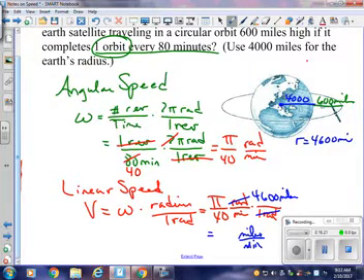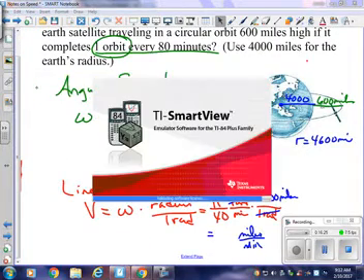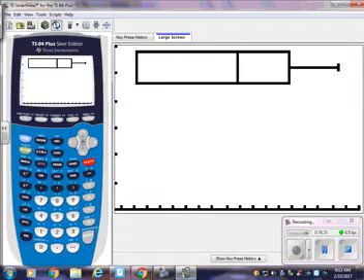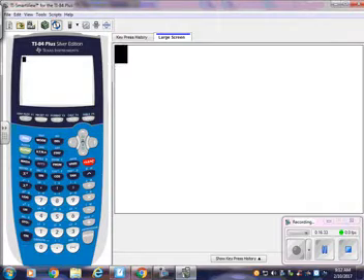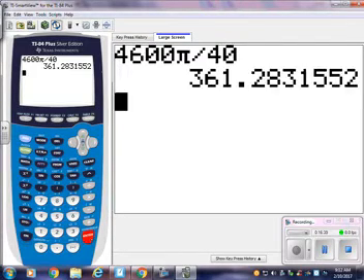Let me show you that thought here just for a second, because this one does ask us to do some rounding. So I'm going to pull up my calculator and multiply this out so we can see the value. So 4,600 times pi divided by 40. As you can see, it comes out to be a long decimal.